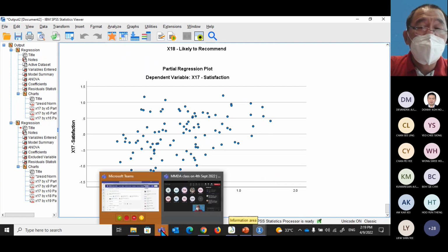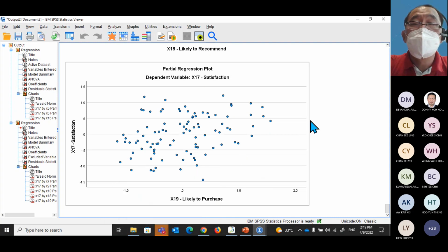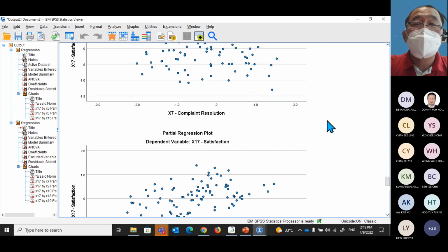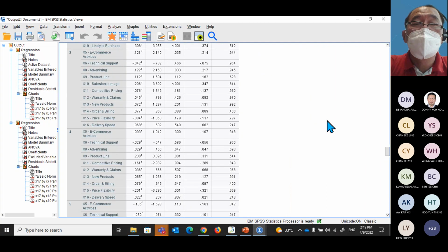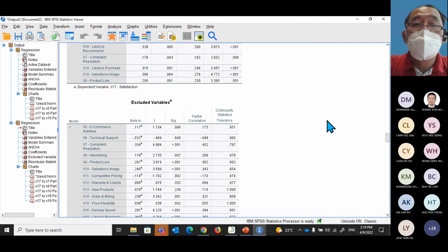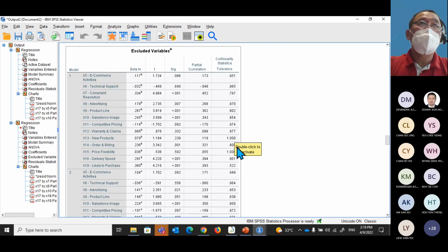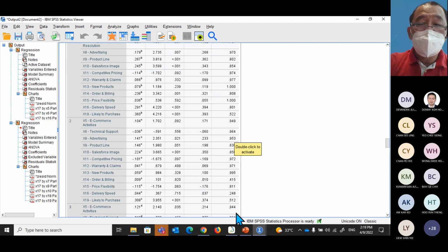I saw in the excluded variables there is this collinearity statistic, tolerance. It is something like an indicator of collinearity, so how to read this? Actually, we are going to see this in a short while. Don't worry.